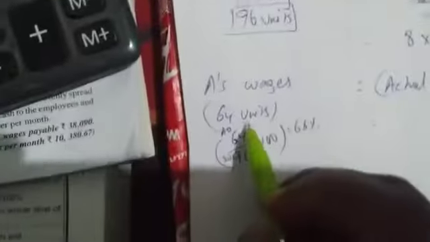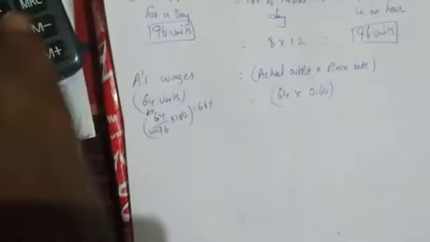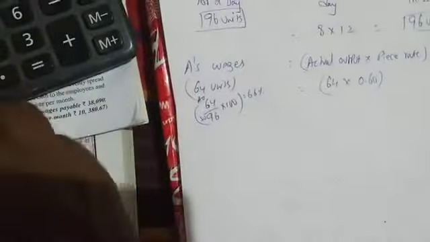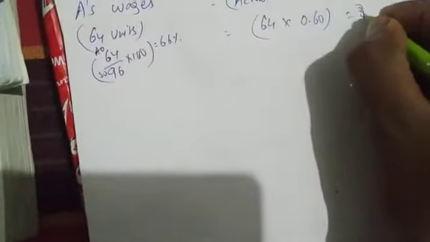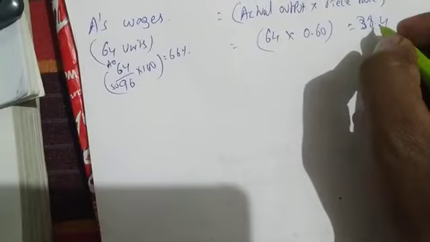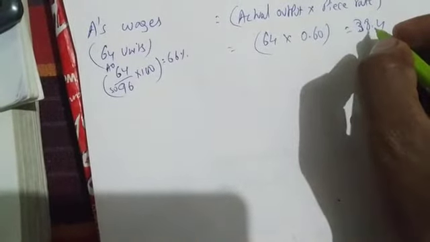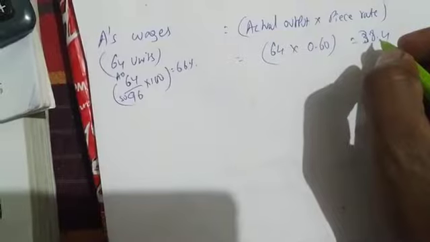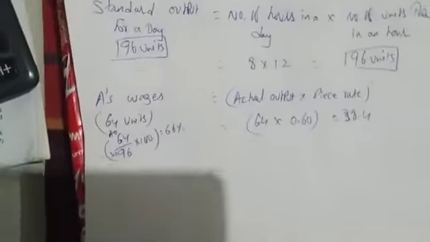A is producing 64, into piece rate, how much? 0.60. 64 into 0.60 is 38.4. Normal rate is 60 per hour. Oh my goodness, mistake. 60 paisa per hour.